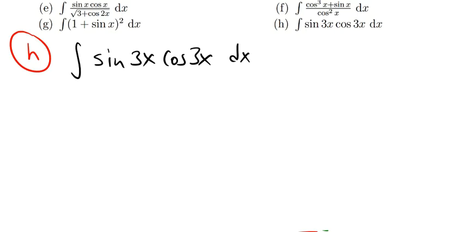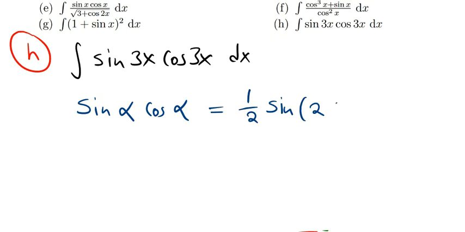I'll introduce you to an identity which creates this relationship. Whenever you have sine of, let's say, alpha and then cosine alpha, okay, this should just be equal to half sine. You're going to double the alpha. Okay, that's this.